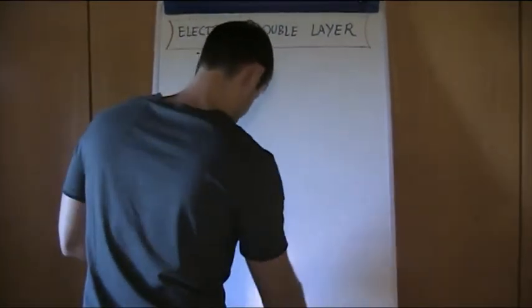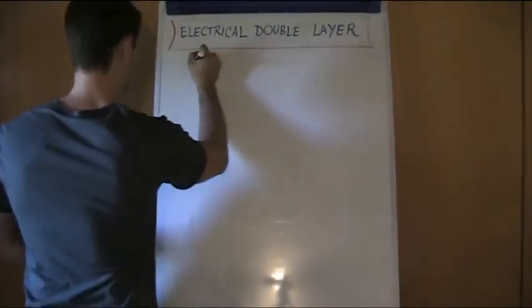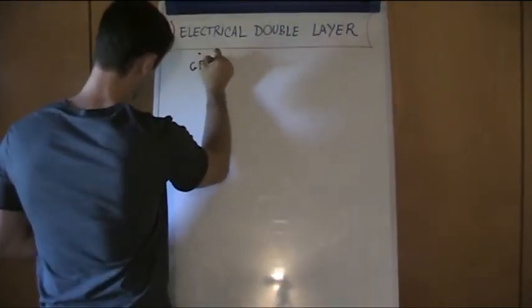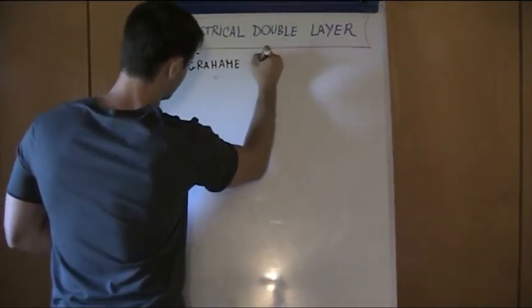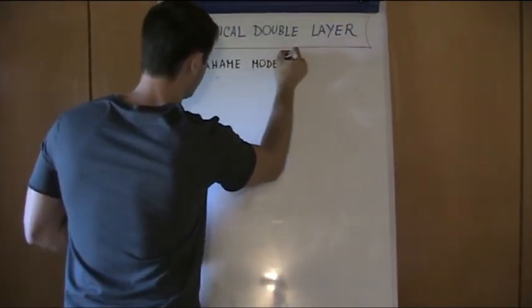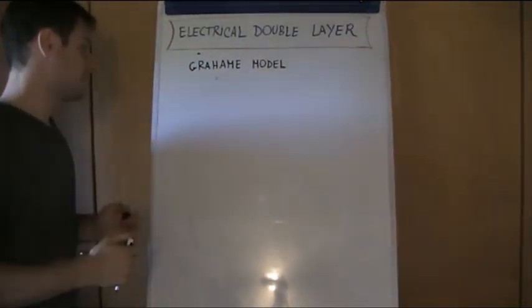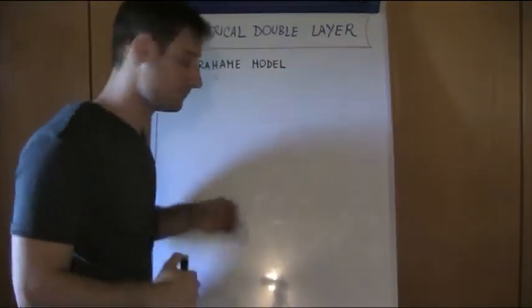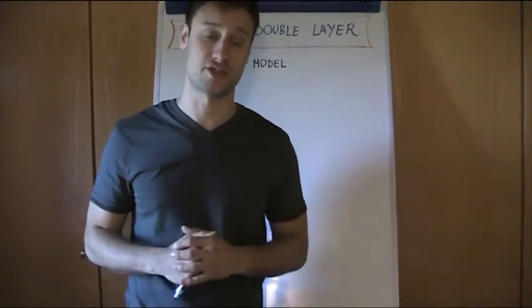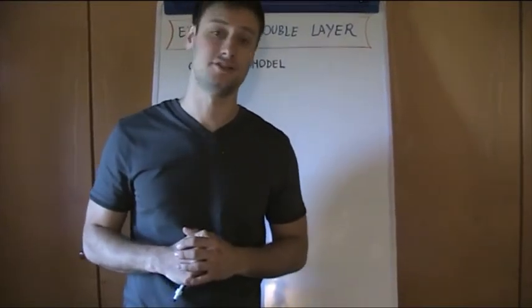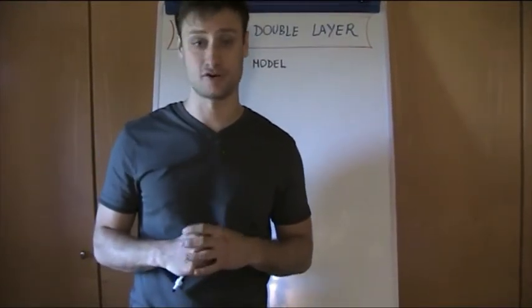So we have the Grahame model. So the Grahame model is similar to the Stern one, but in this case we are taking into consideration the molecular nature of the solvent, for instance water.